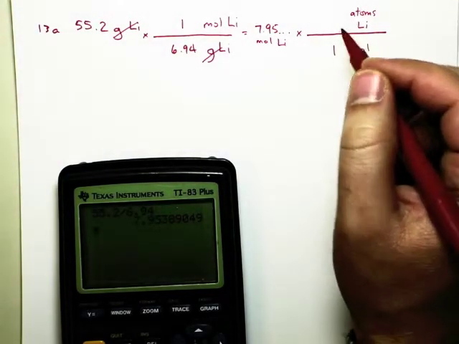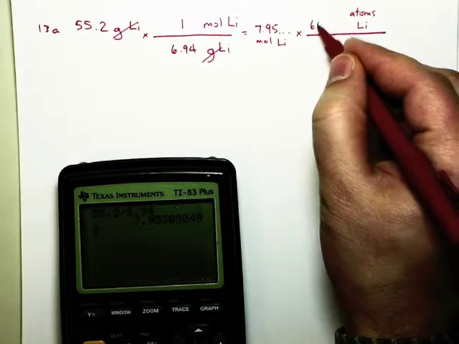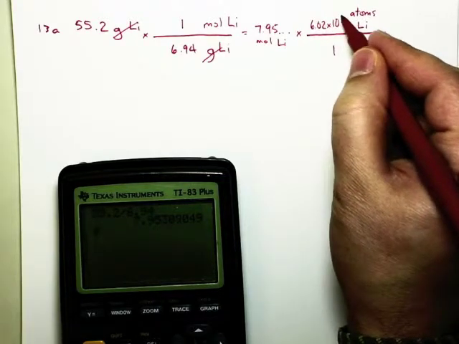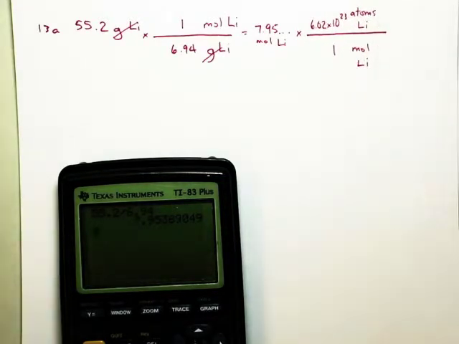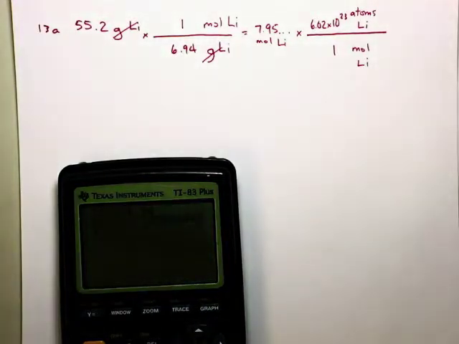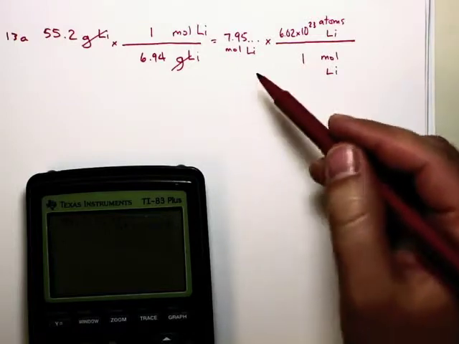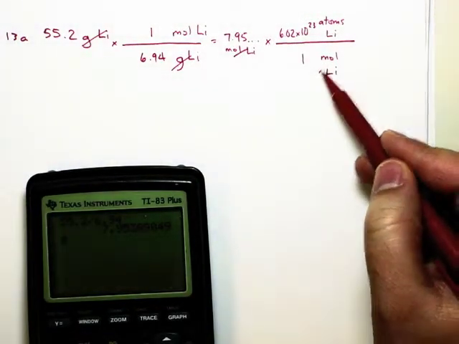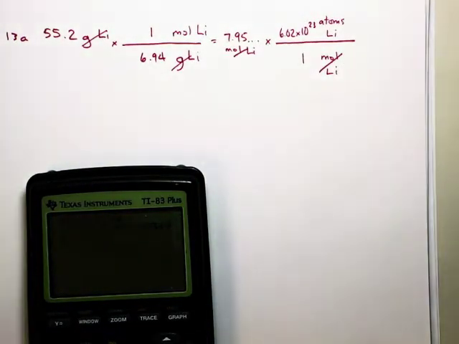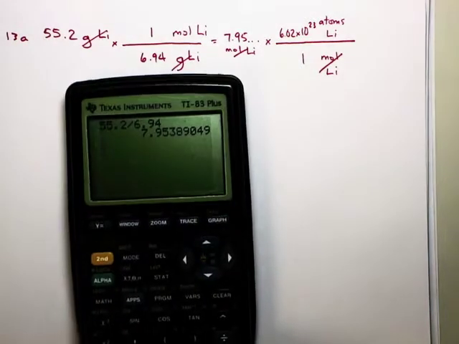So if I have 1 mole of lithium, I have Avogadro's number of particles. And in this case, it happens to be atoms. So our next step, and you did this on Friday, cross-cancel your like units. Go ahead and multiply your two top values together, and you'll have the right answer.